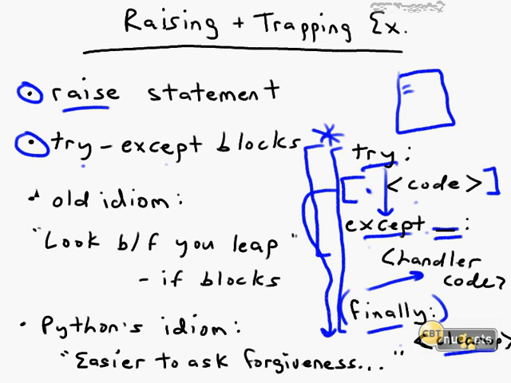But first, let's take a look at the old or traditional programming idiom. Idiom is an expression that has a fuzzy or unknown origin. In programming terms, idiom is used a little bit more specifically just as an operating principle that programmers use. The old traditional idiom with programming is look before you leap. This idiom involves lots of testing in your code.